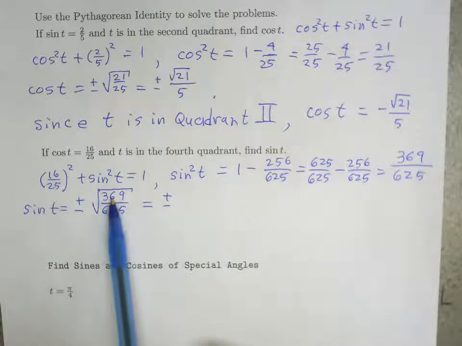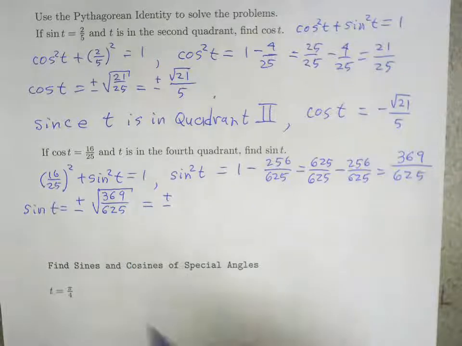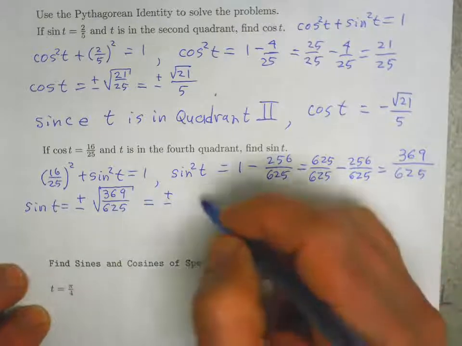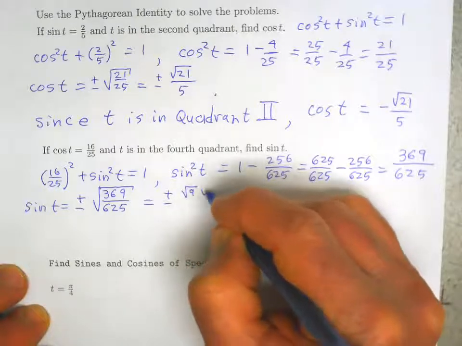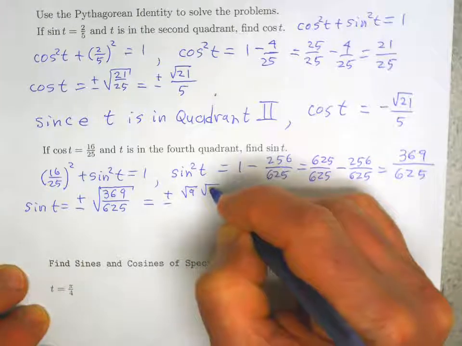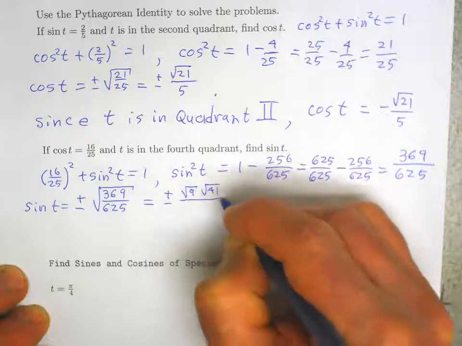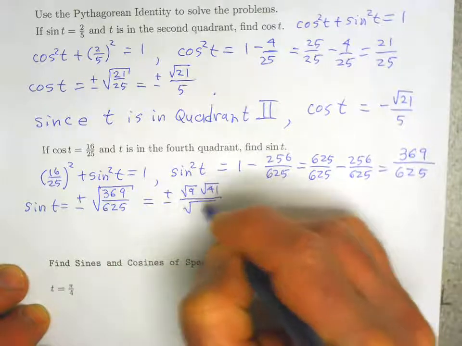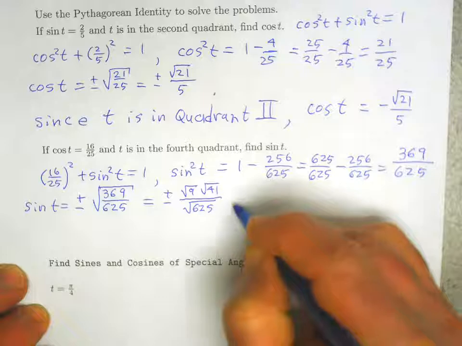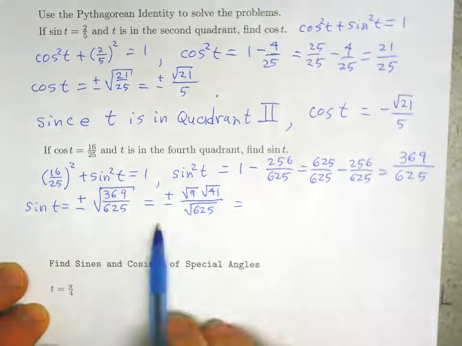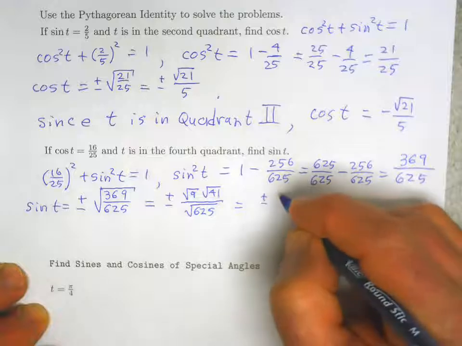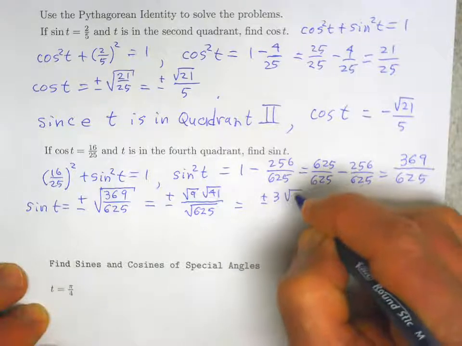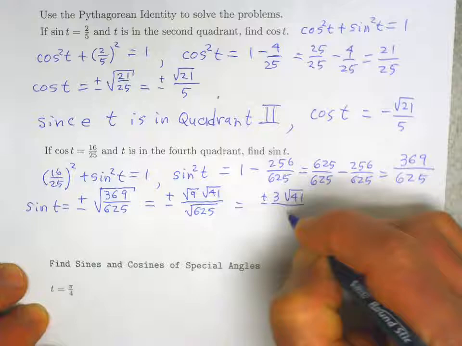It looks like 9 times 41 is equal to 369. So this is positive and negative square root of 9 times the square root of 41, and then in the denominator, the square root of 625, which also simplifies. So the two possible values of sine of t are positive and negative 3 times the square root of 41 divided by 25.